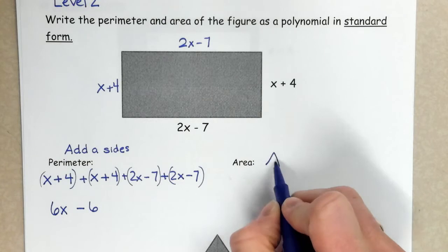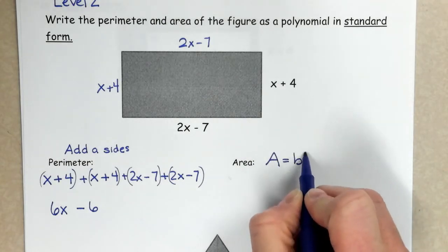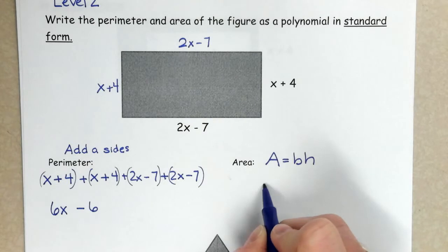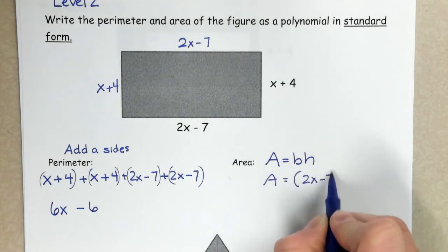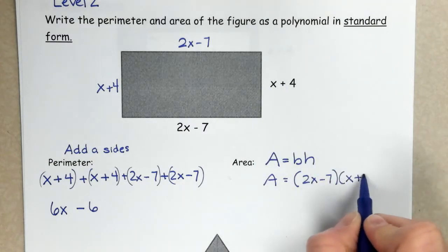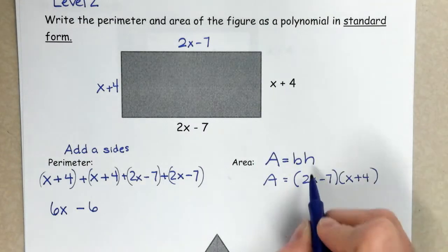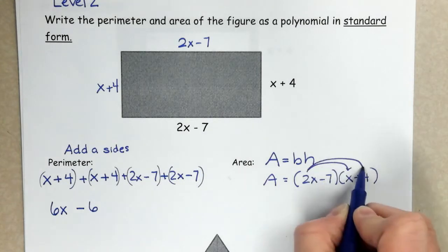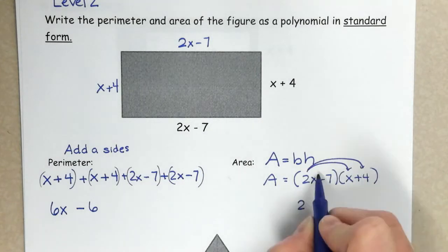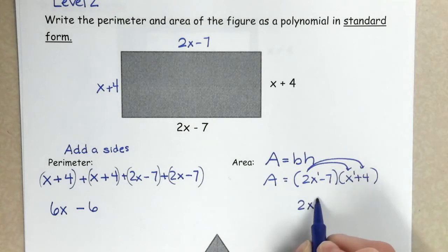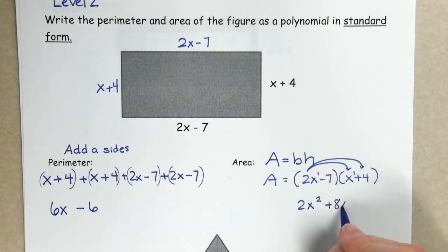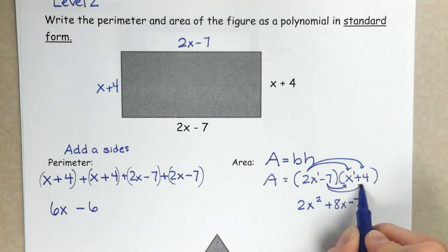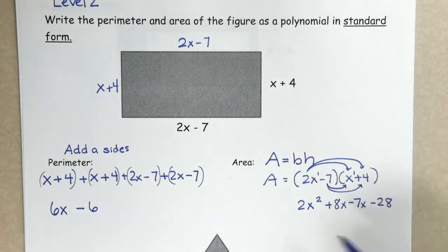Area. We've talked about area of rectangles many times this year. Base times height is our formula, so we need to substitute in our base, 2x minus 7, and our height, x plus 4. And then we use our multiplying skills. So distribute the 2x, add the exponents, invisible ones, so 2x squared, 2x times 4, so 8x, inside, negative 7x, last, negative 28.